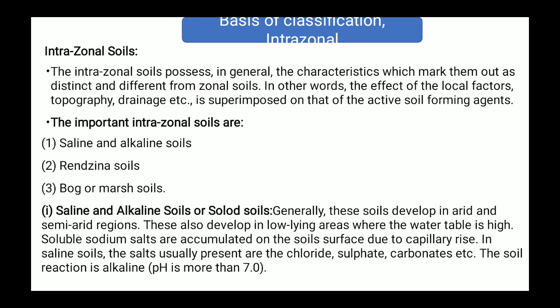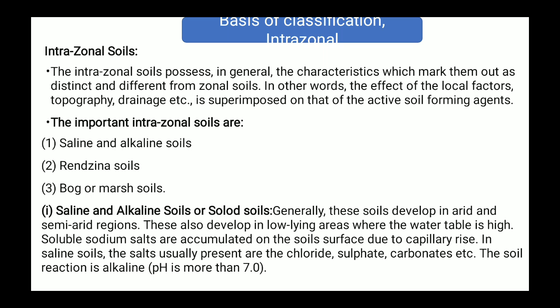Intrazonal soils in general possess characteristics which mark them out as distinct and different from the zonal soils. In other words, the effect of local factors, topography, drainage, etc., is superimposed on the active soil forming agents.